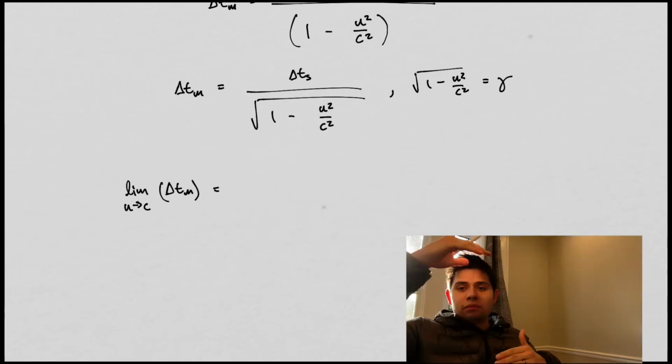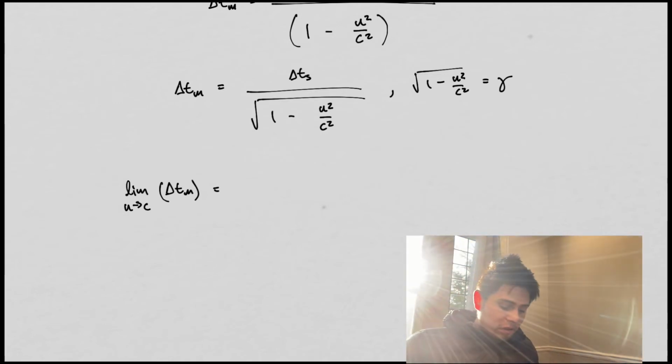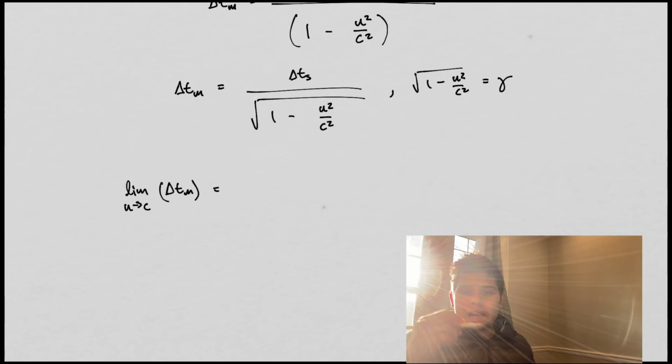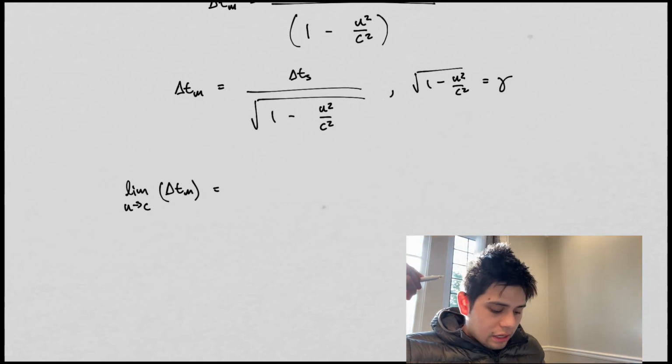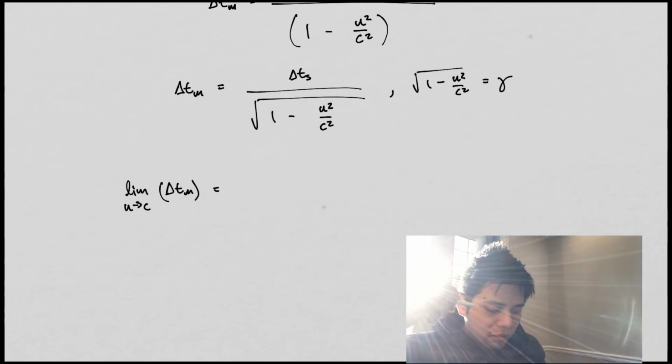So there's an upper bound, basically, is what we're doing. As u approaches c, it gets closer and closer to 1, and we're going to get 1 minus that.